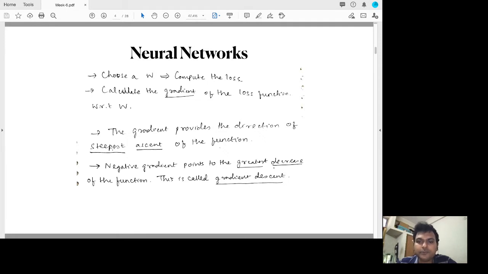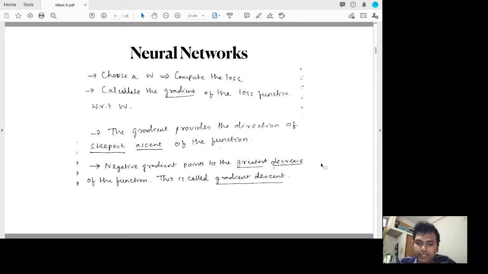But as you might have understood, loss function is an indication of the error that you are incurring on your particular problem, and therefore the loss function needs to reduce. So what we do is we go in the direction of the negative gradient. Negative gradient points to the greatest decrease of the function, and therefore the algorithm used to solve this problem is known as gradient descent.